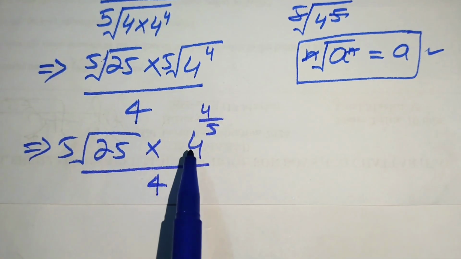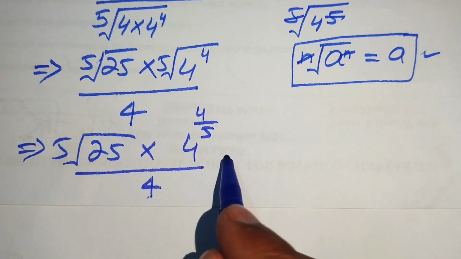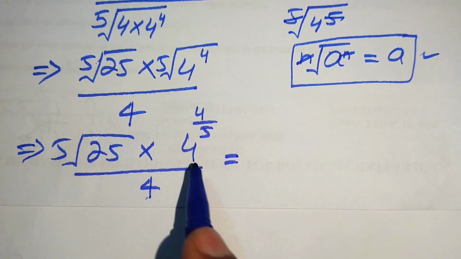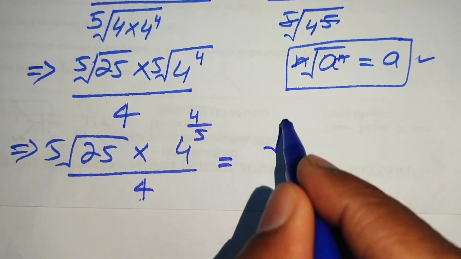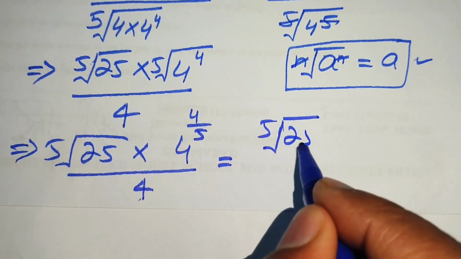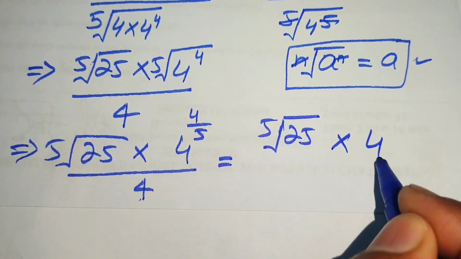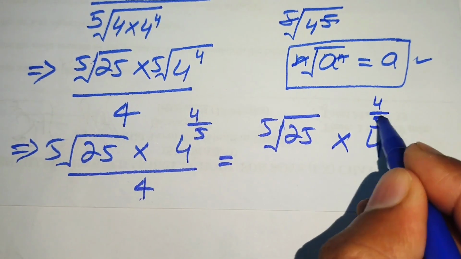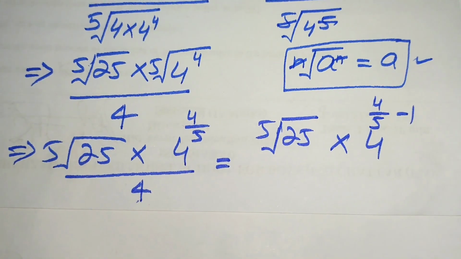Here you see that the bases of both of these terms are the same, so we subtract the exponents, and it will be written as the fifth root of 25 multiplied by 4 to the power of 4 over 5 minus 1.